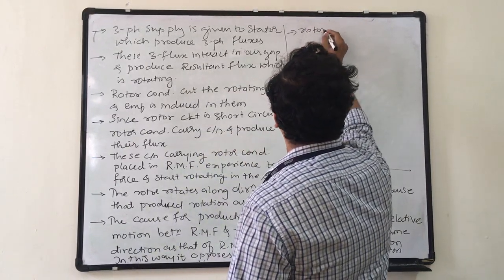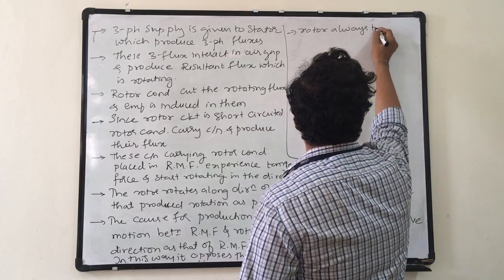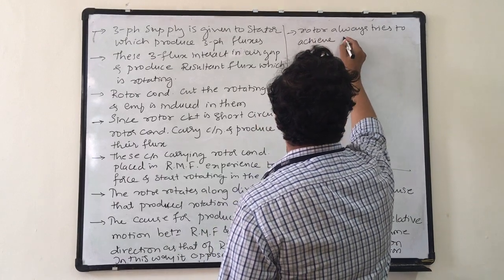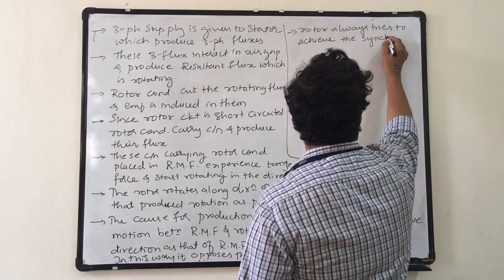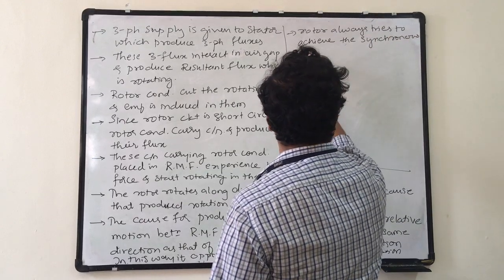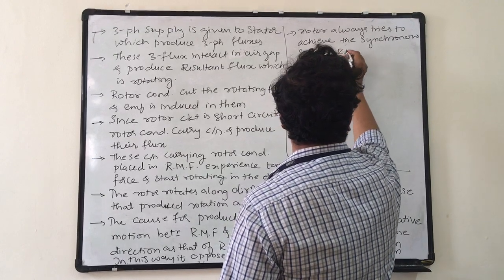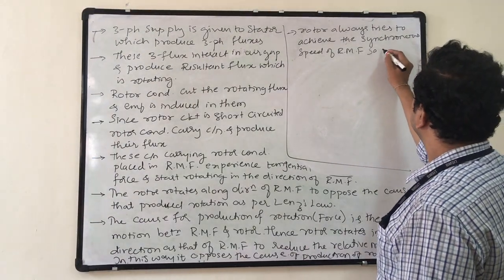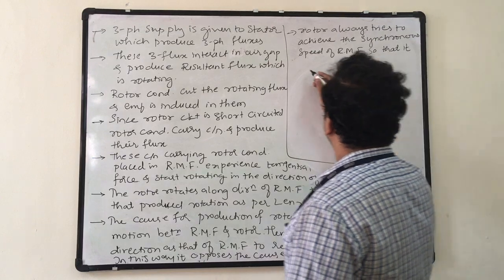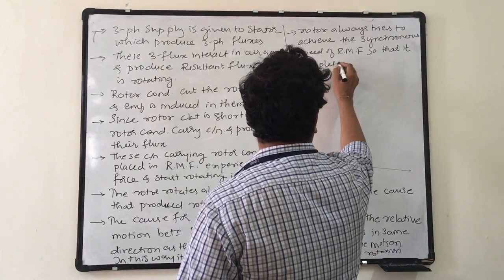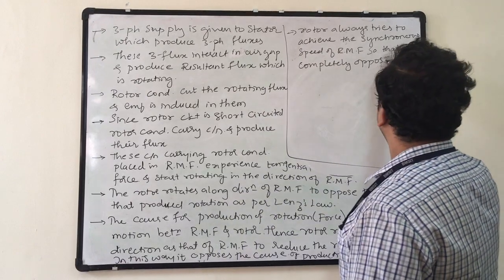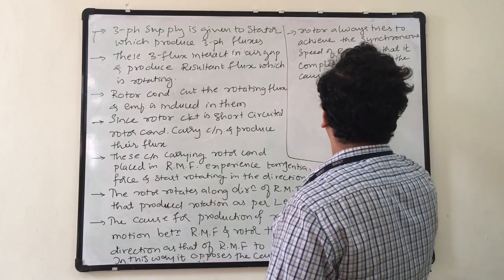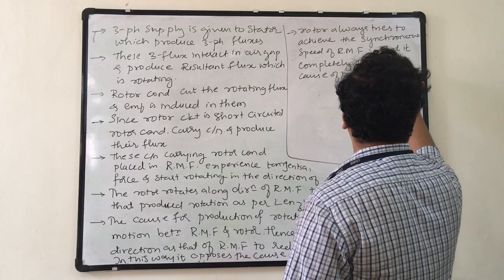The rotor always tries to achieve the synchronous speed of the RMF, so that it completely opposes the cause of production of force or rotation.